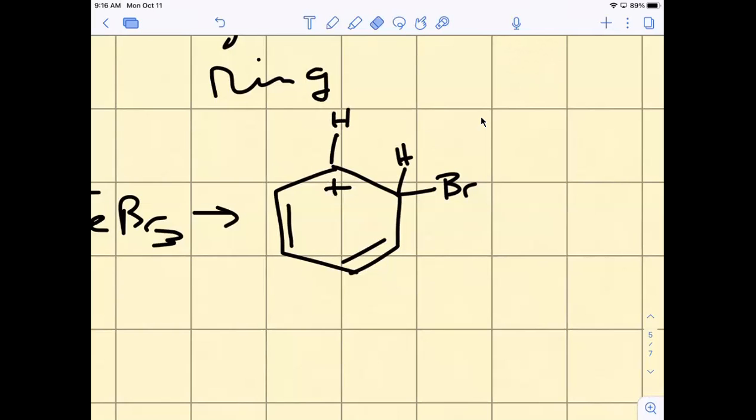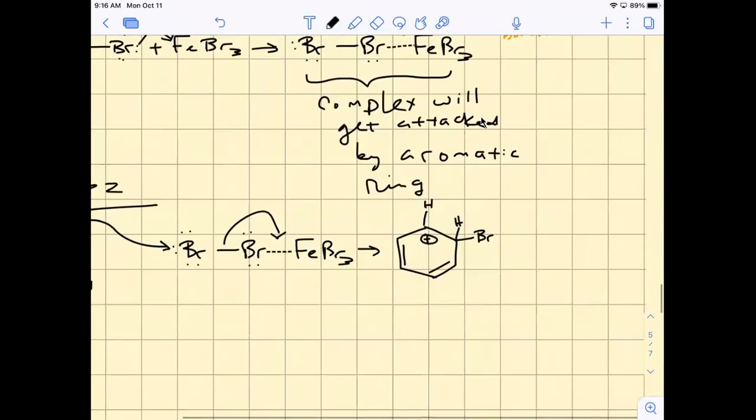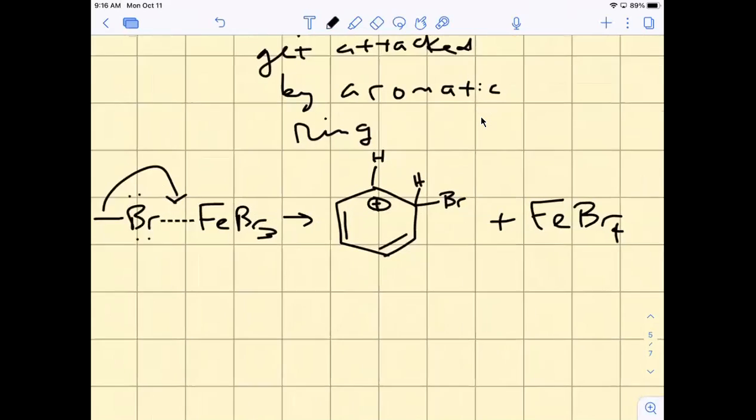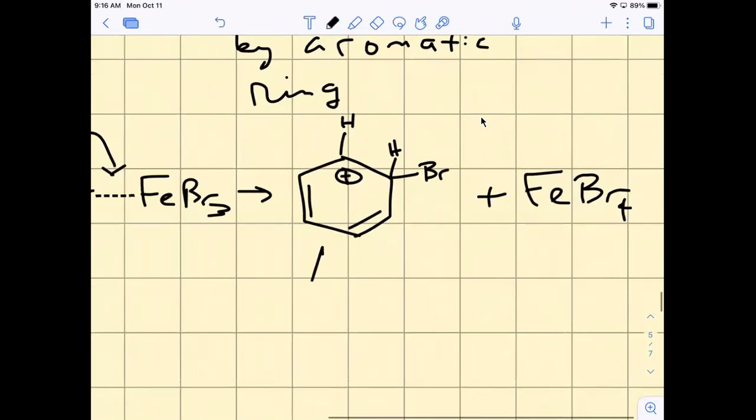Can anybody tell me what the name of that intermediate is? It starts with an O. It's like oxanon, I don't know how to say it. It's called a arenium ion.